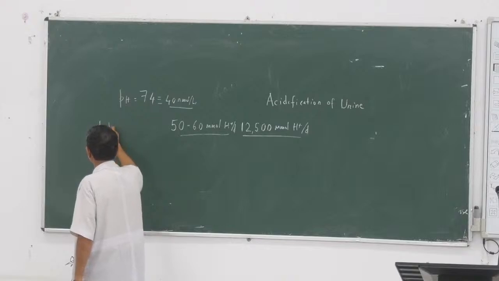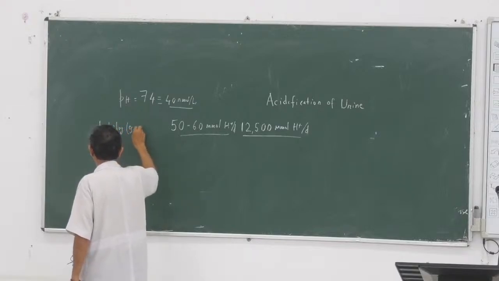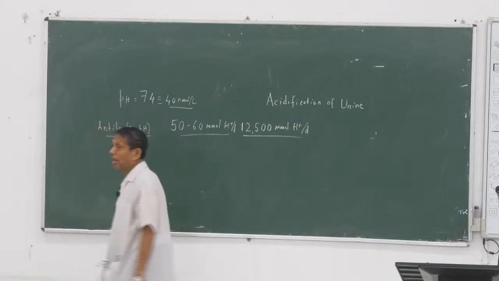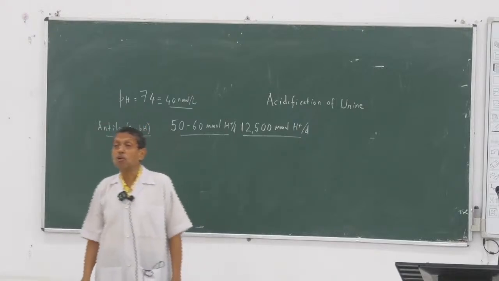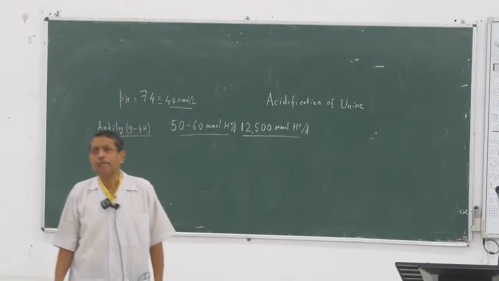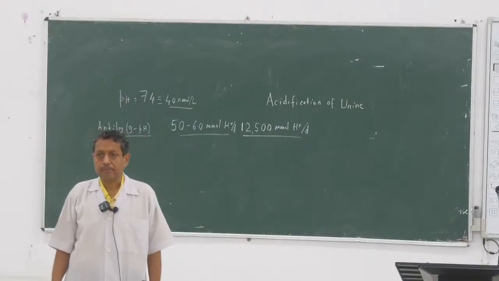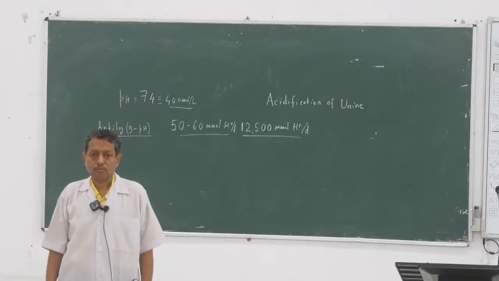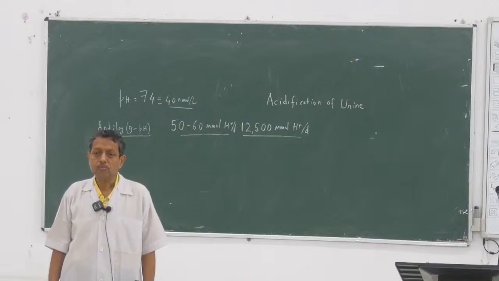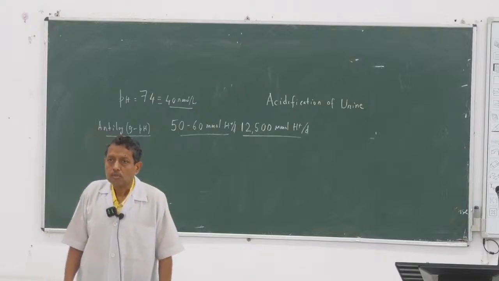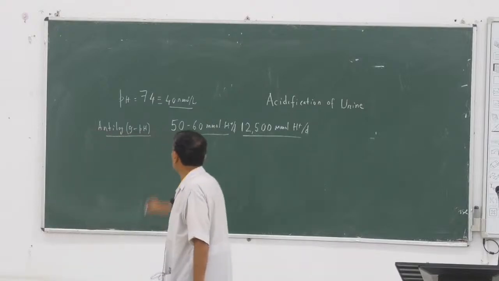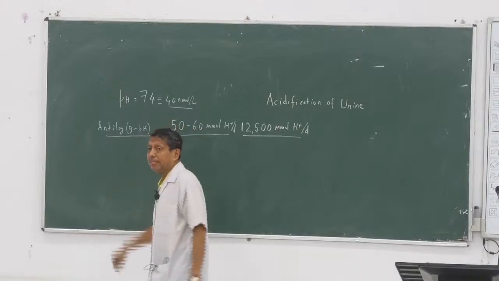Antilog, at any pH. And at pH 7.40 it is 40 nanomole per liter.